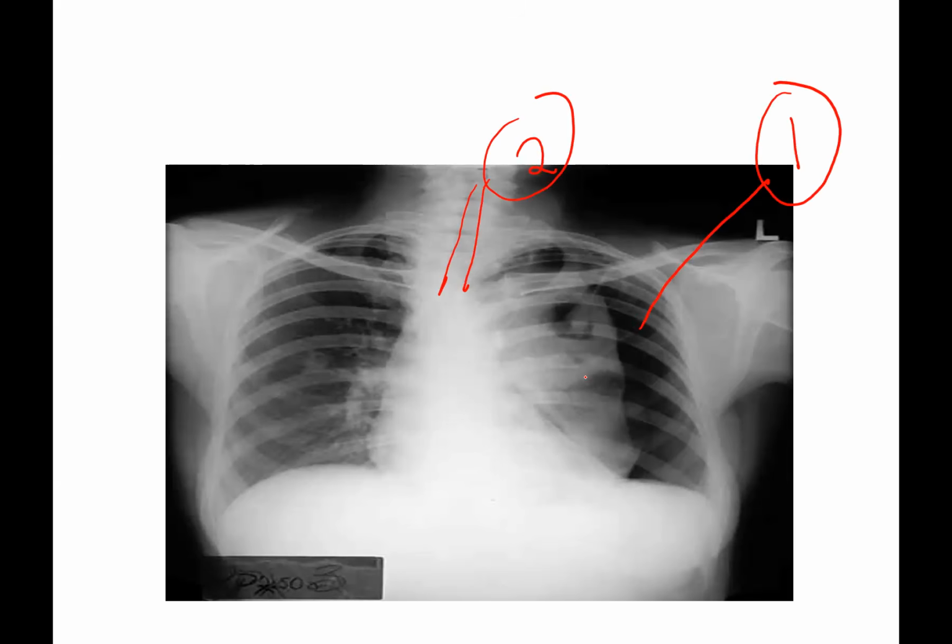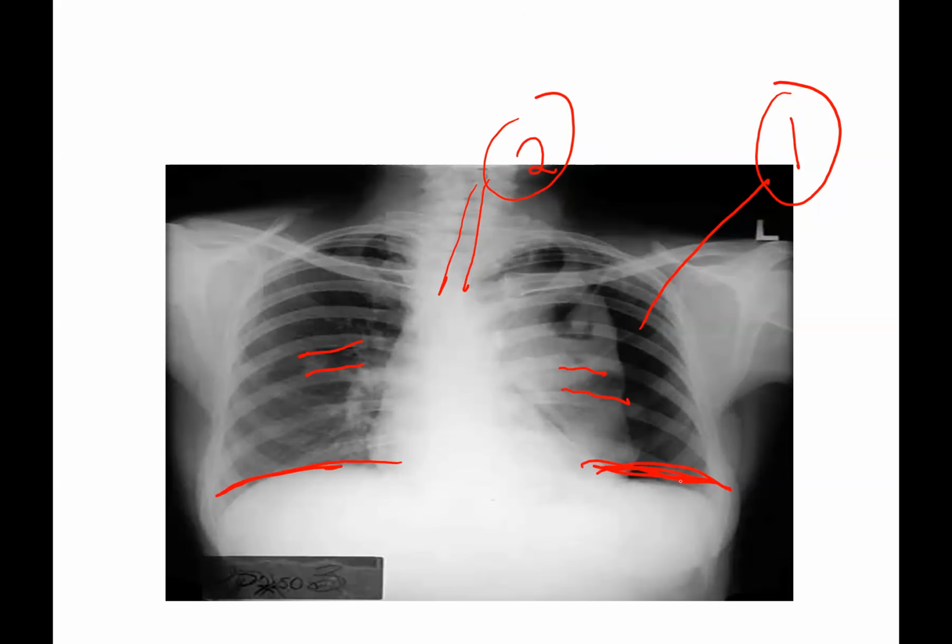Yes, but do you notice that this widening is not remarkably different? They are equal. And if you look at the diaphragm, they are fairly at the same level. So it's not a tension pneumothorax, it's just pneumothorax. Yes, so you are right.